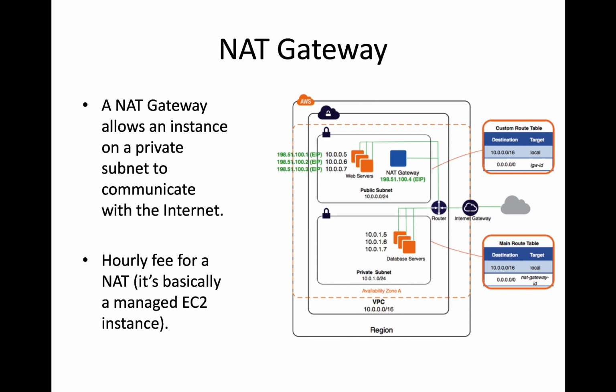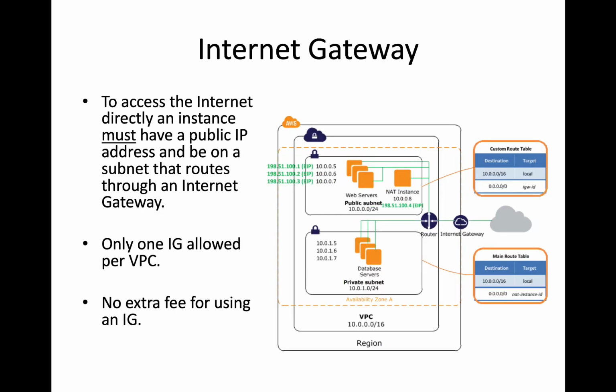I'm going to go back to the previous slide where we talked about internet gateways. And here you see a diagram where we have a VPC set up within our account. That VPC has a network address block of 10.0.0.0/16.